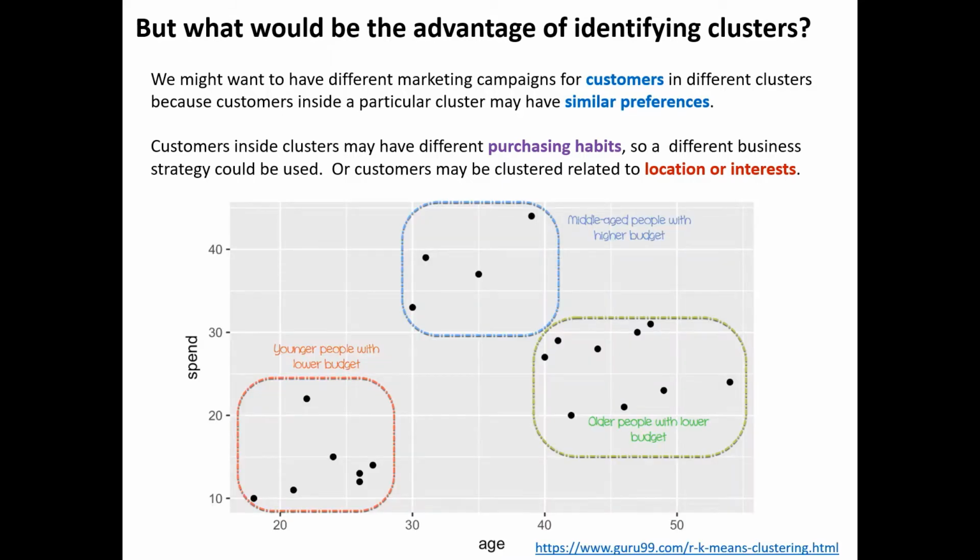Here's a picture that I found on a website that was actually talking about working with cluster analysis, and I thought it was a good little picture here. It showed this two-dimensional graph of the age of some people, customers, and then their spending habits, how much they spent. I don't even know what this means, like per month, or what this has to do with.